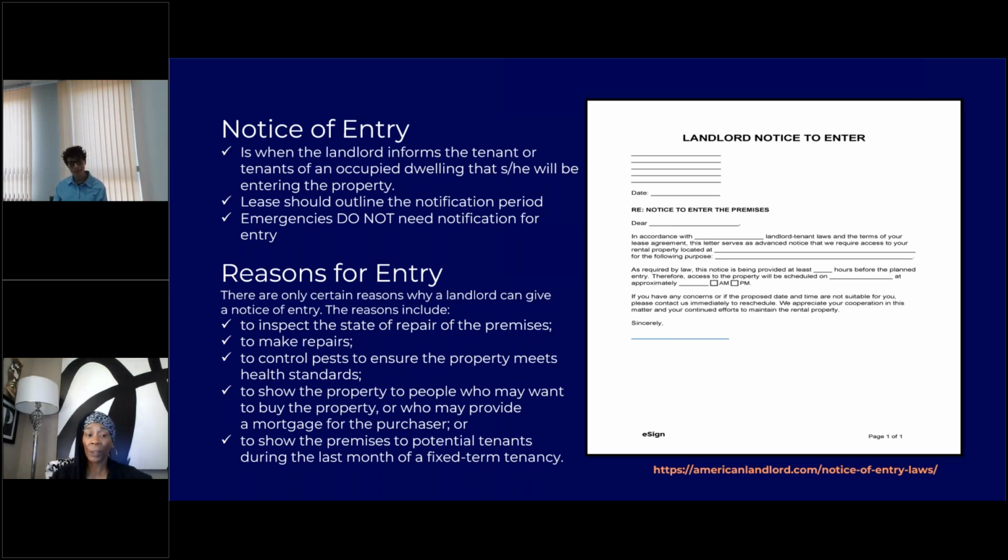Again, like I stated earlier, to control pests, to ensure that the property meets the health standards. And also, for example, to show the property to people who may want to buy it, or who may want to purchase it. I just slide that in there because this might pertain to a house versus an apartment complex. And also to show the premise to potential tenants during the last month of a fixed term tenancy.